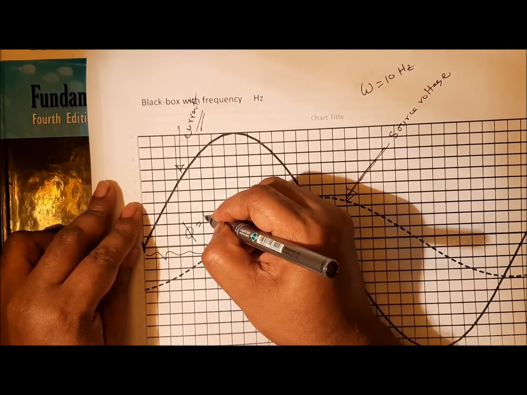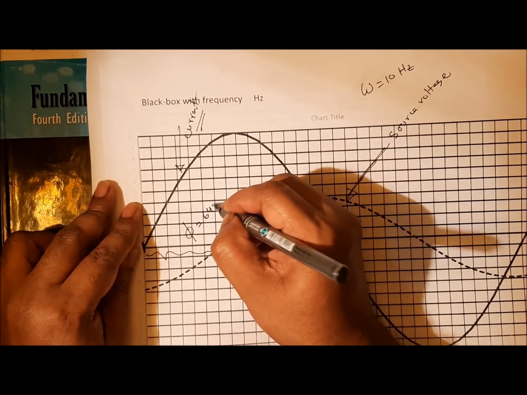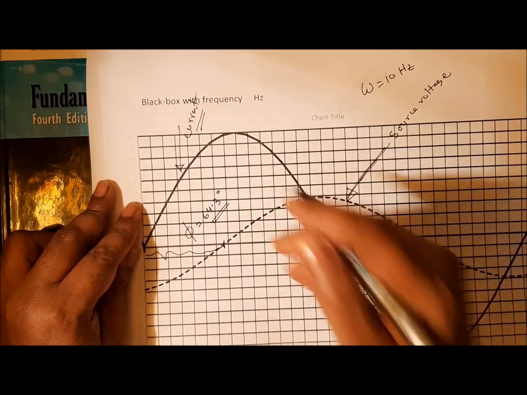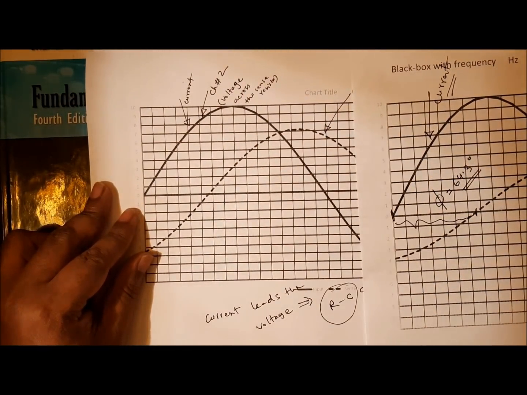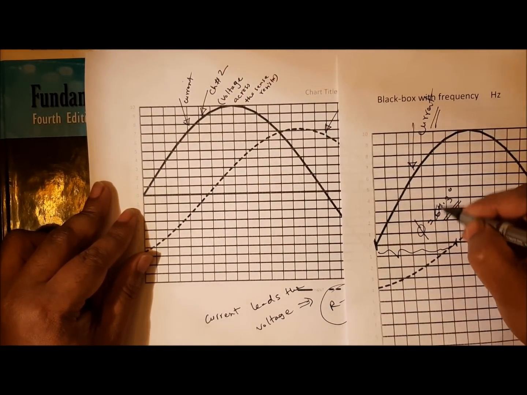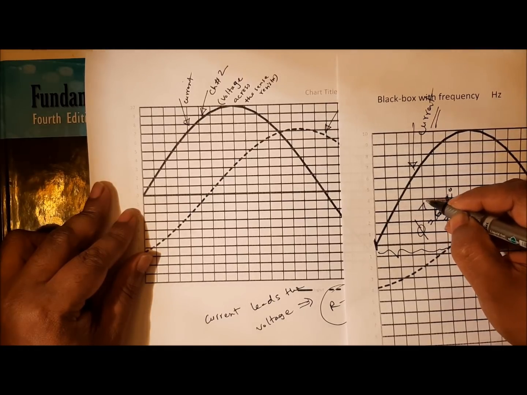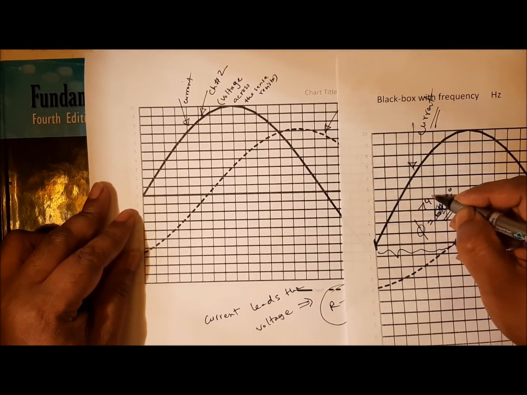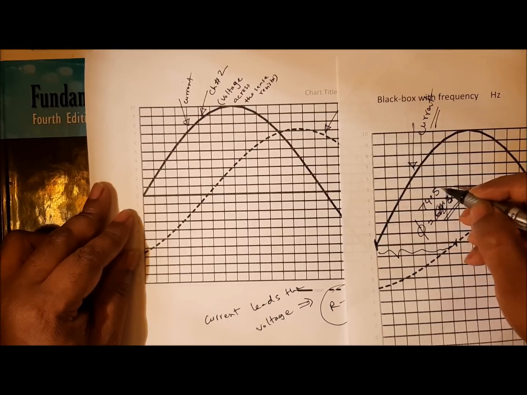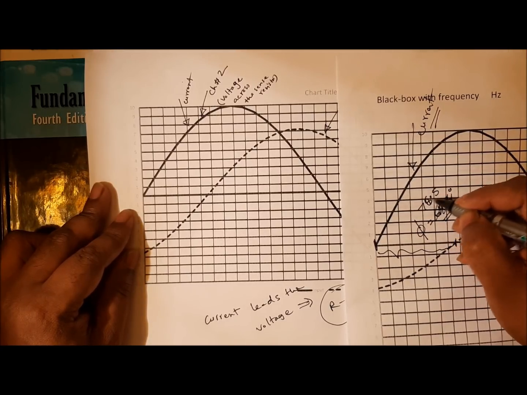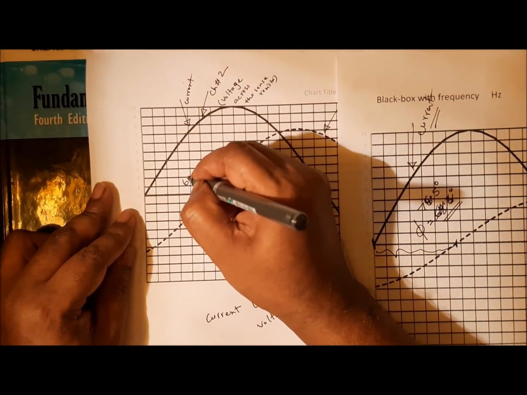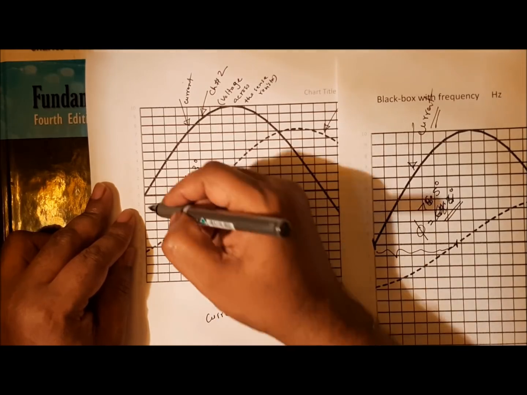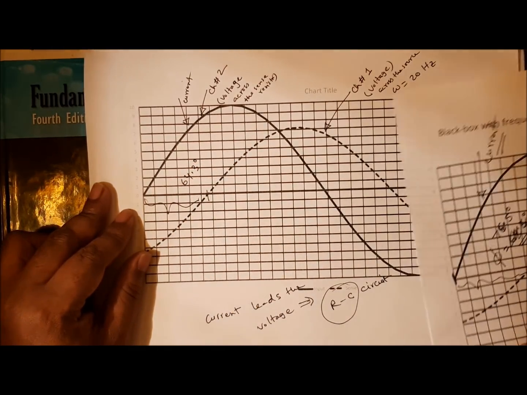Let's say we got a phase angle of 64.3 degrees here, and for this graph we got 74.5 degrees here, 76.5 degrees here, and we got 64.3 degrees here.